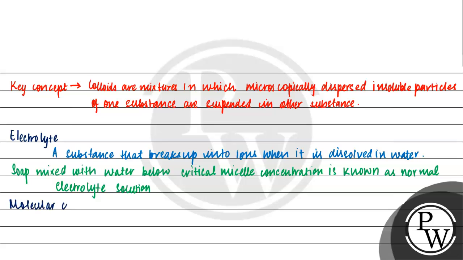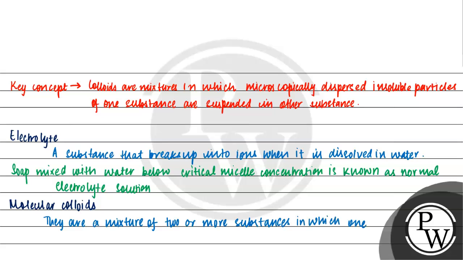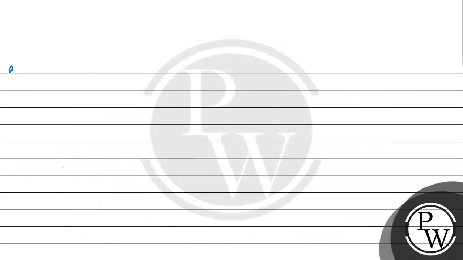Molecular colloids are a mixture of two or more substances in which one substance is divided into minute particles. और इन minute particles की range होती है 1 to 1000 nanometer in diameter and is dispersed into another.